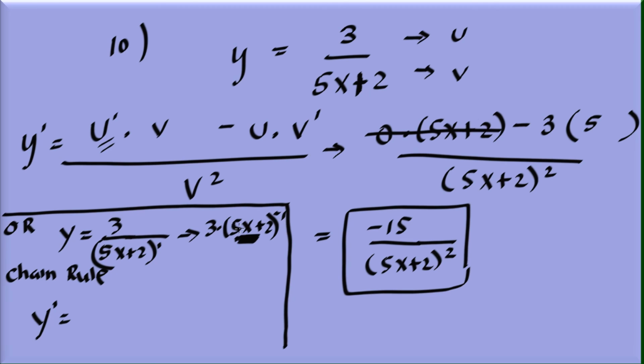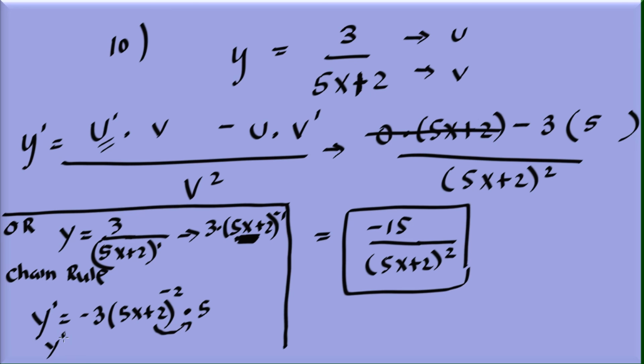That means multiply negative 1 and 3, which gives you negative 3. Now copy that base 5x plus 2 raised to the negative 1 minus 1, which is now negative 2. To make it a chain, that one extra step is to get the derivative of this 5x plus 2, which is 5, and you multiply that by this first expression that we got earlier.